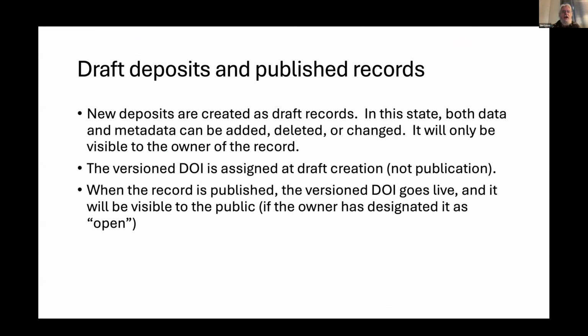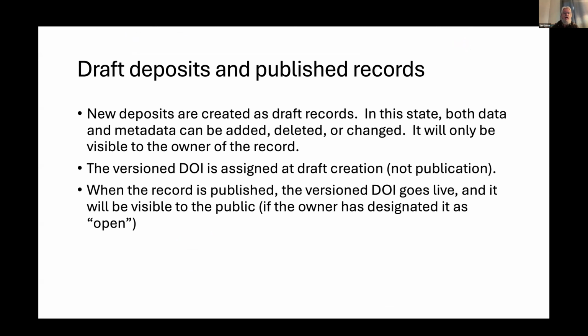So Zenodo records can be in one of two states. When you create a new record, it's created as a draft. So in that state, it's still fully editable. You could remove the assets or replace them, the data, the zip file or whatever that you're managing. And when it's a draft, it's only visible to the owner of that record.